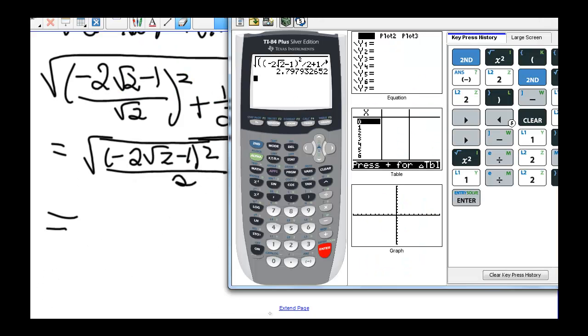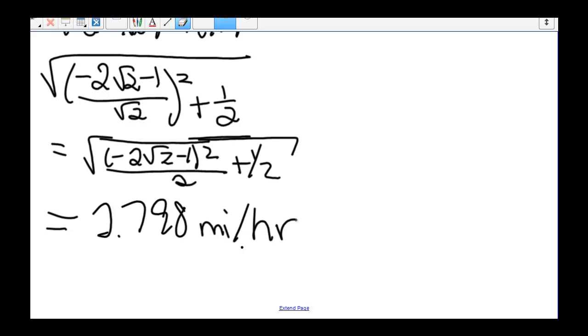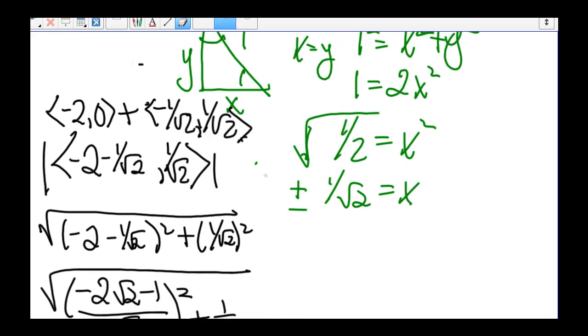When we plug this into our calculator, we're going to get 2.798. And that was in miles per hour. So that is the speed at which he is going, and he is headed in the direction of this vector right here.